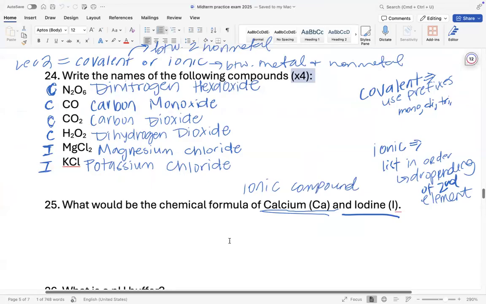So to do this, I need to know the simple ions of the elements. All right. So this is like when you get your periodic table that you're going to mark on for the exam. I want you to have this already on it.